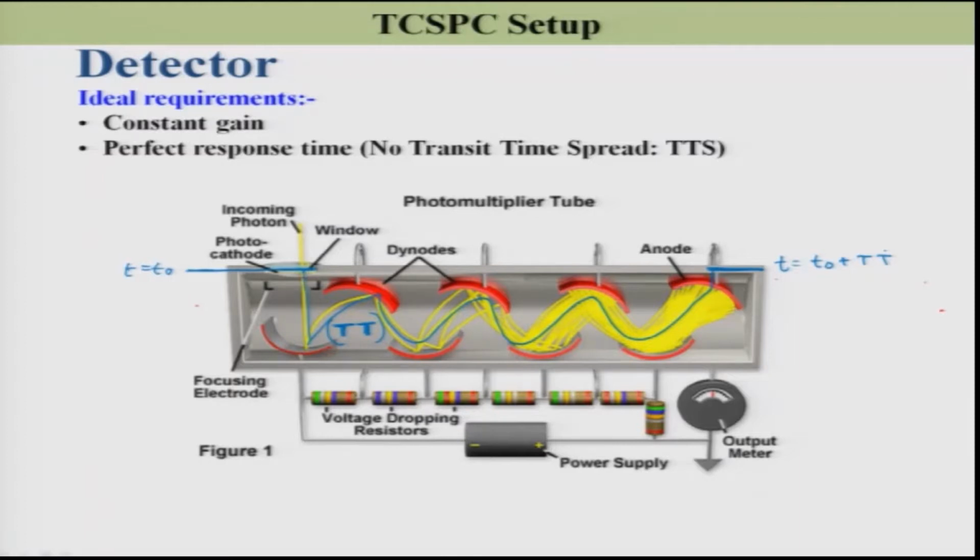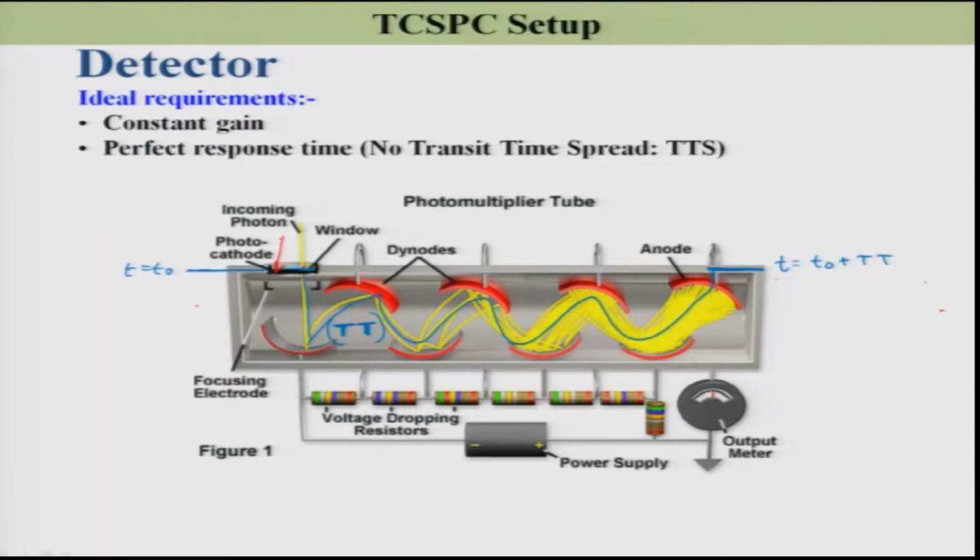But it is no problem for me, because I will simply add this Tt during my time measurement. But now, the photocathode has some dimension. The photon may fall at this position as shown here, but it may also fall at this position, because it has some dimension.